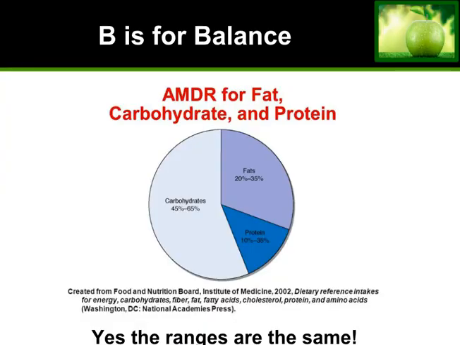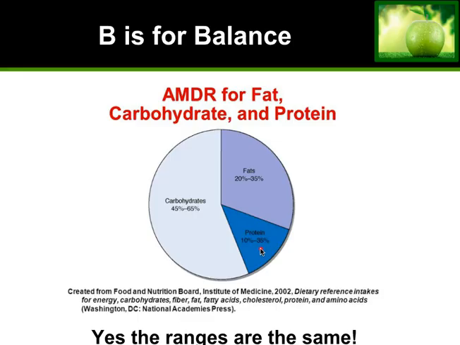B stands for balance. In those kilocalories, there are certain ratios of fat, carbohydrate, and protein that are ideal for athletes. And those ratios are very similar to the ratios that regular individuals should include in their diet. That is 45 to 65% carbohydrates, 20 to 35% fats, and 10 to 35% proteins.